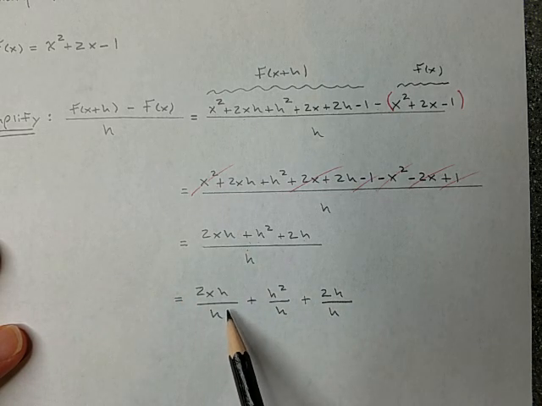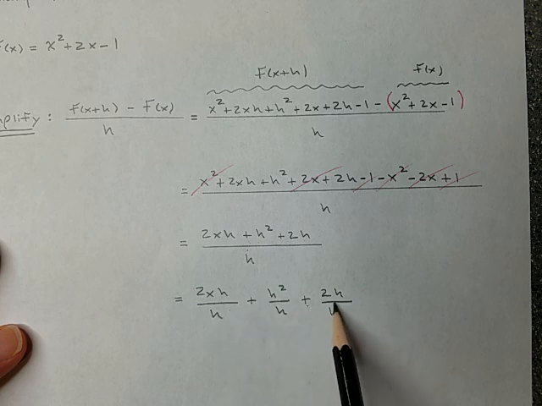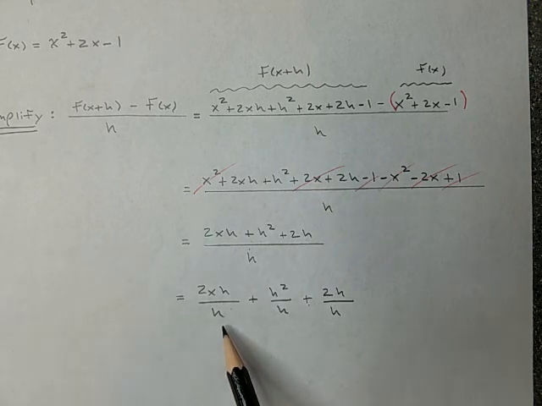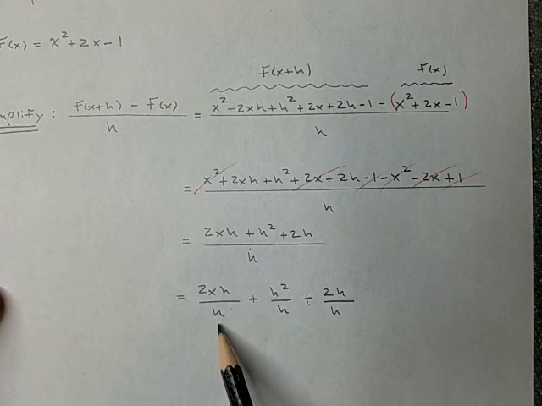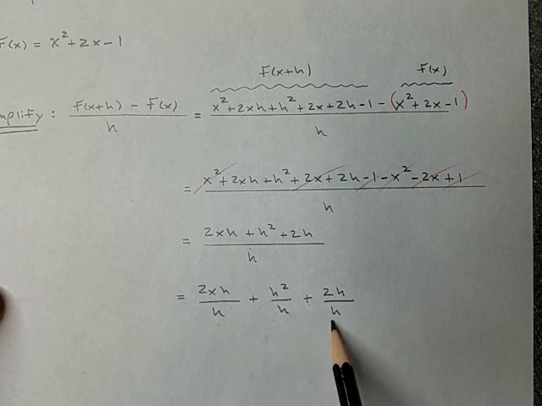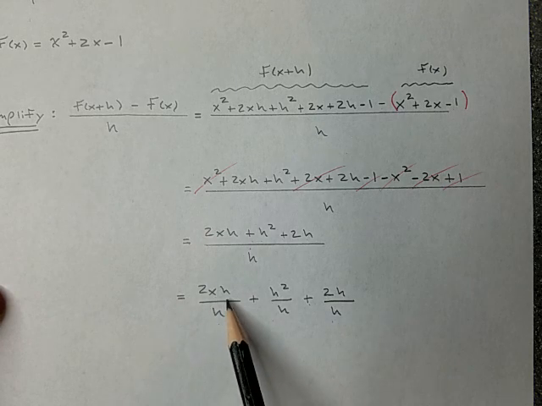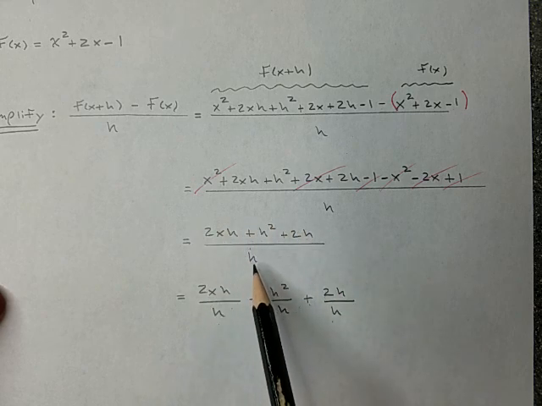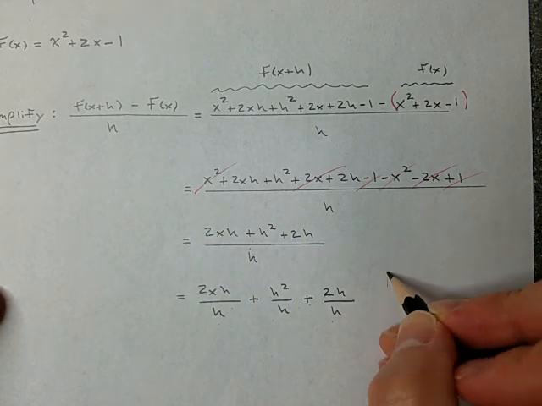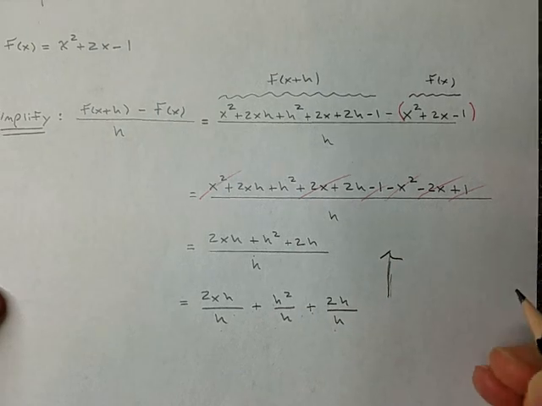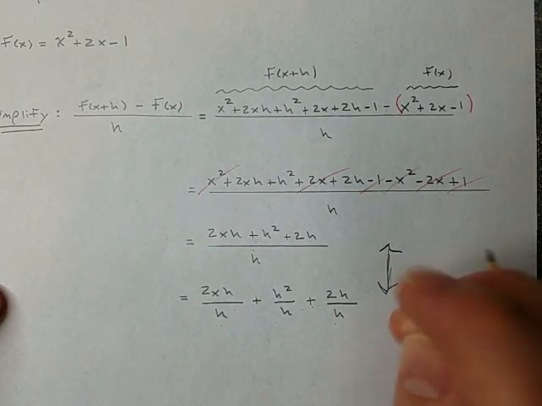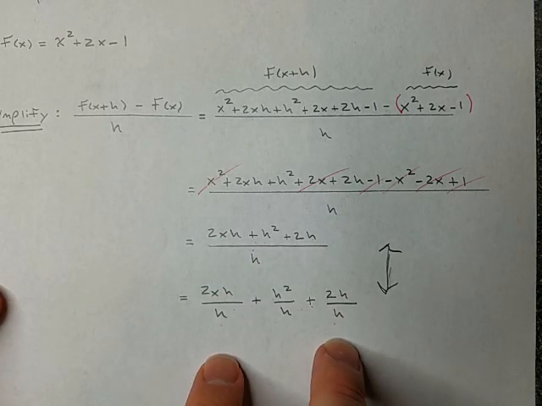Can you add fractions that have a common denominator? You can. And then how do you add fractions with a common denominator? Well, these three fractions have a common denominator of h. So you take 2xh plus h squared plus 2h all over the common denominator. So you can go this way, right? Because that's how you add fractions. So that means you can also go that way and take this and break it up that way.